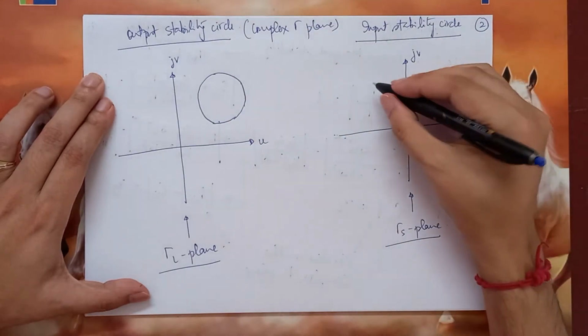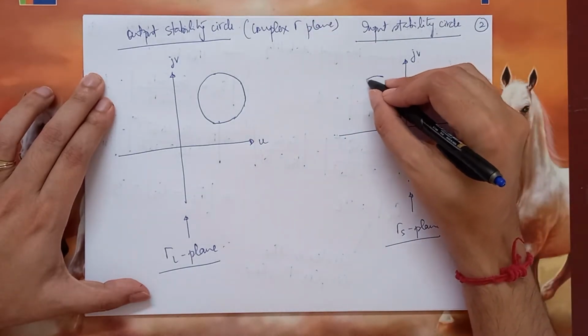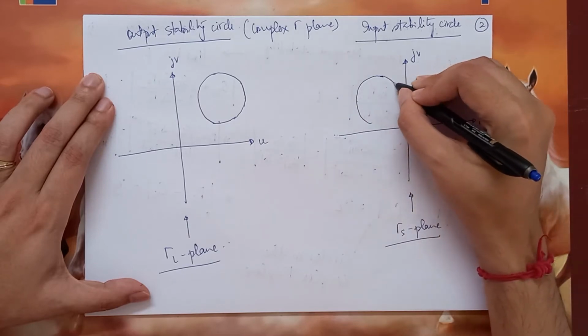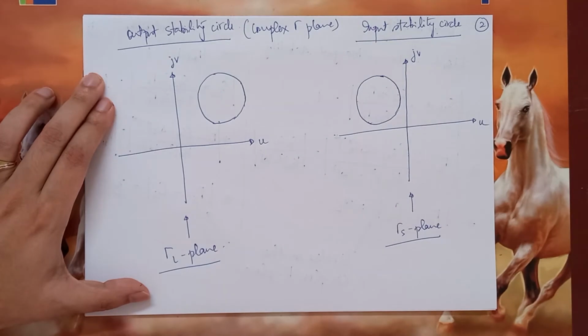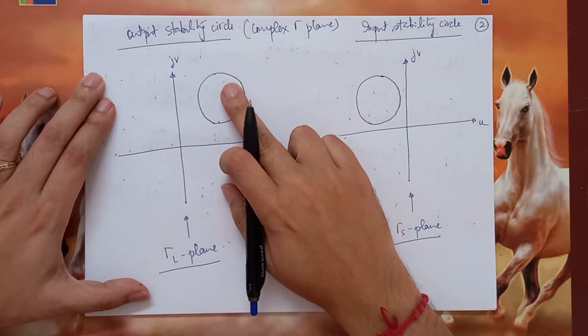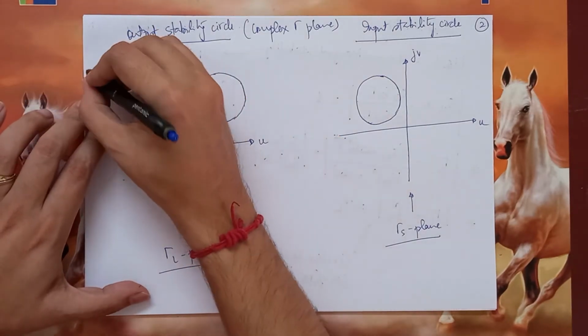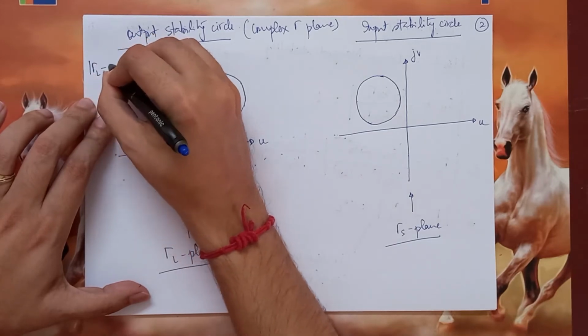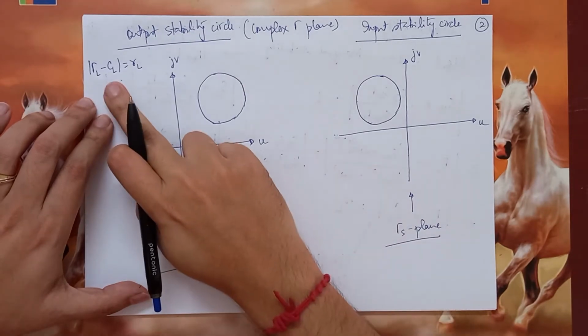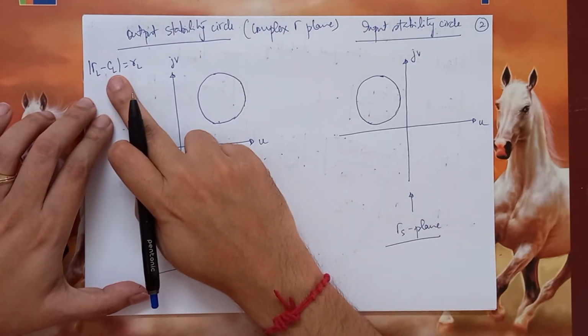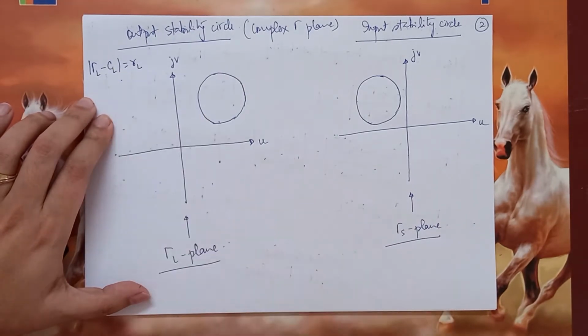Here also let us say the circle may look, in general, like it may be over here, it could be in any quadrant that we don't know. So the equation mod gamma L minus CL equals RL indicates a circle with the center as a complex number, that is CL.